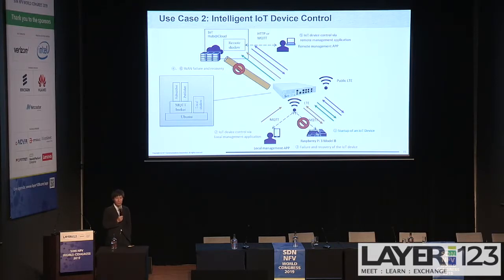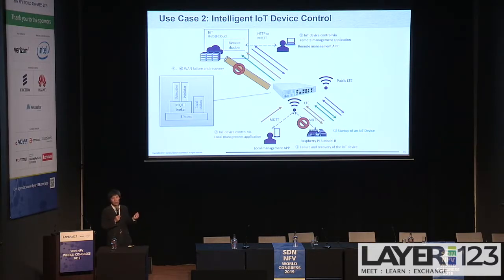Which means that the status of the UCP device is always synchronized with the cloud side. So just imagine that one link is cut. The status of the things will still be buffered in the UCP device, so it can still use the buffered state to control the IoT device.